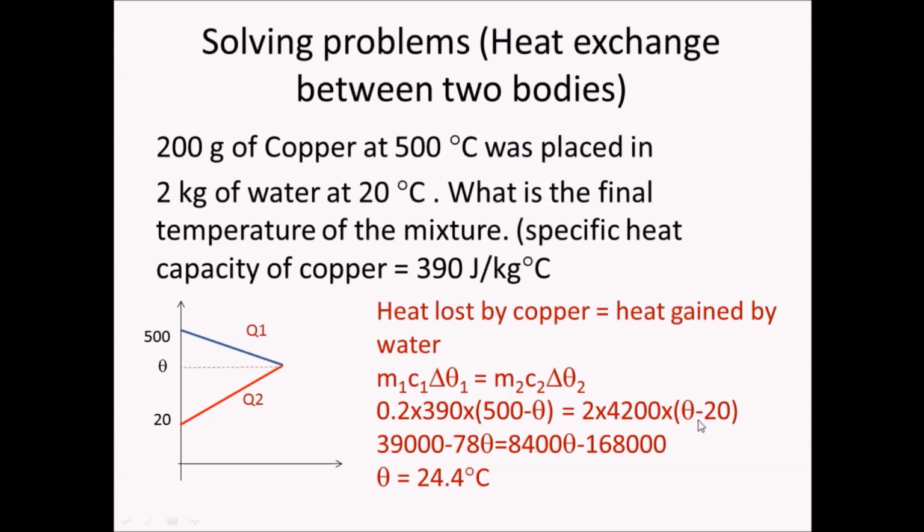This one is theta being subtracted by 20. So regardless, you need the value here to be positive. If it is not positive, your answer will be wrong. Okay? So you realize the graph actually helps you because visually you know that theta has to be more than 20, while theta has to be less than 500. Okay, if you work out the formula, you realize the answer is 24.4 degrees.